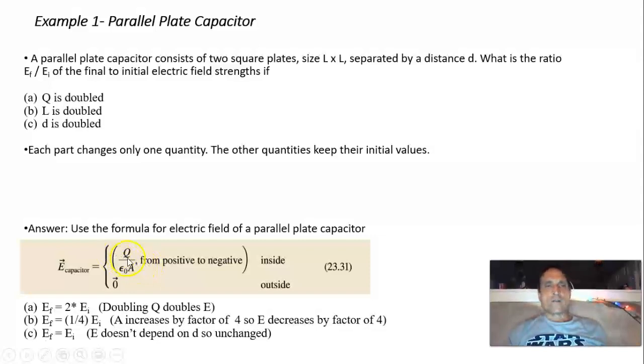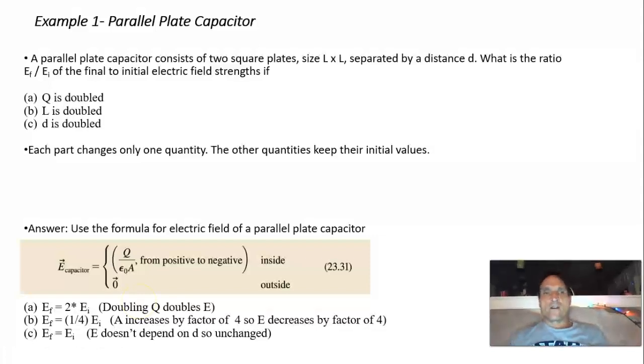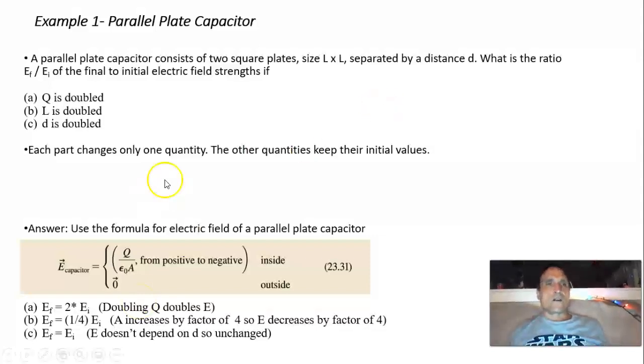Now if we just double Q and leave everything else fixed, well, the electric field is going to double, right? Because if we keep the area constant, then the charge per area doubles if we double the charge. And so we're going to double the electric field. So doubling the charge on the plates increases the electric field by a factor of 2.